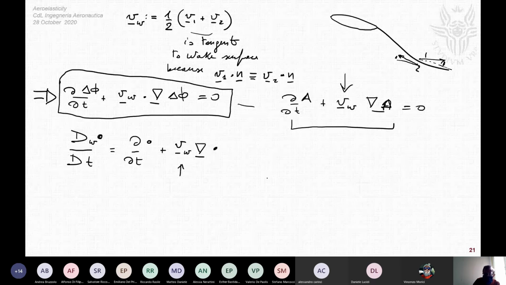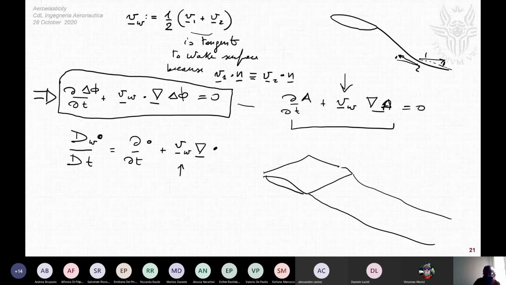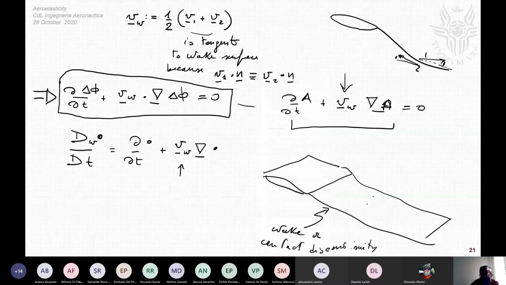In other words, physically, you have a body, and you have your contact discontinuity, the wake, okay? Now, here you have a delta phi, a jump at this point.